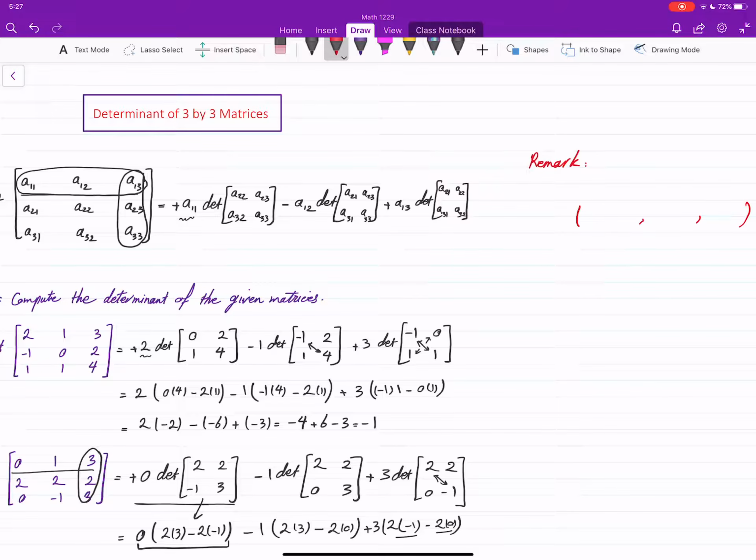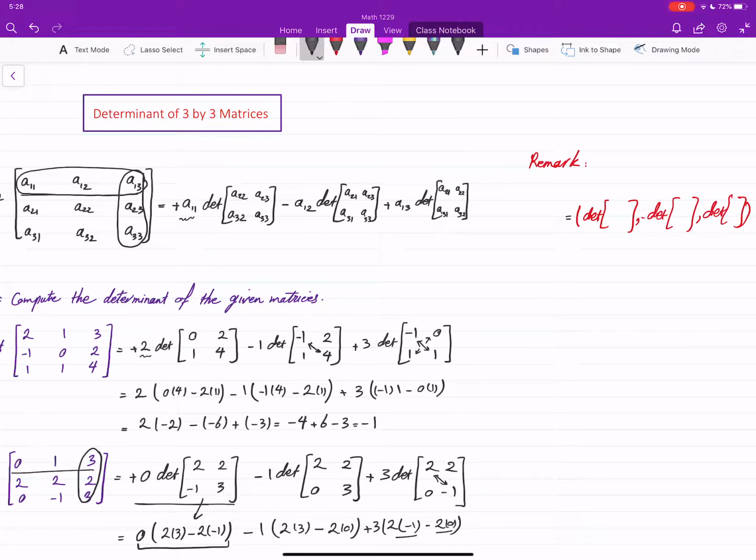We didn't have these A11 entries, we had determinants and determinants. And remember that the second entry always had this negative sign. How did we find these 2 by 2 matrices? Exactly the way we have now. We covered column 1, column 2, column 3. There were no rows.